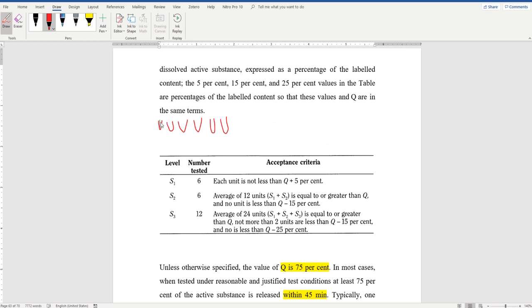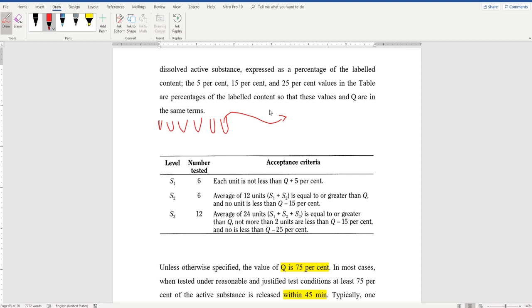What do you need to do with each one of them? You need to take them for analysis, meaning analyze each one individually, separately. You can do it, for example, using a spectrophotometer or HPLC. You can look at the pharmacopoeia because it will tell you what analysis you should be doing.